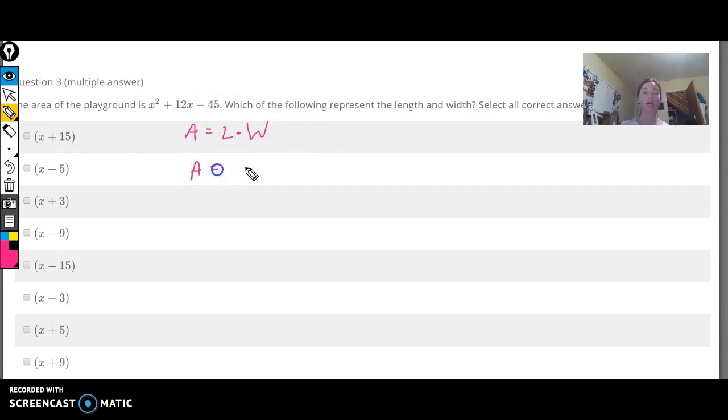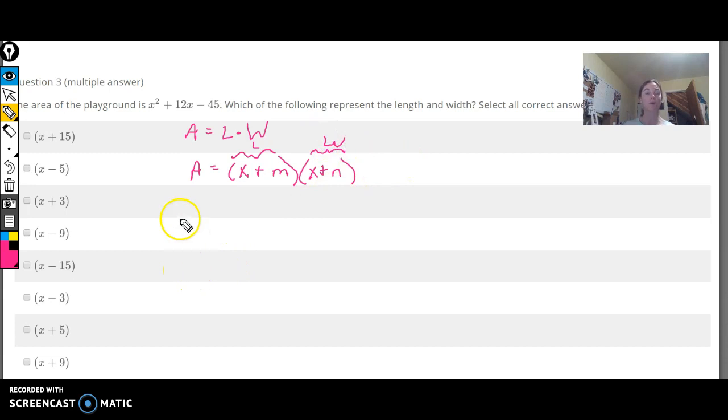So it is going to be something like x plus m times x plus n, where this quantity represents the length and this quantity represents the width.